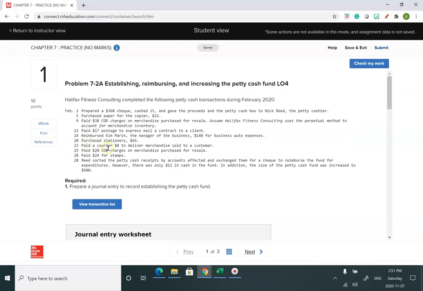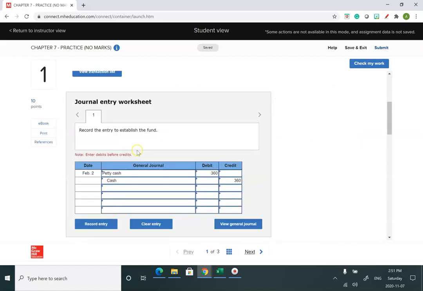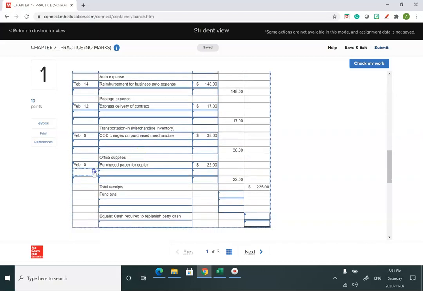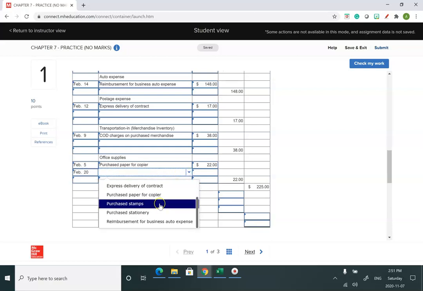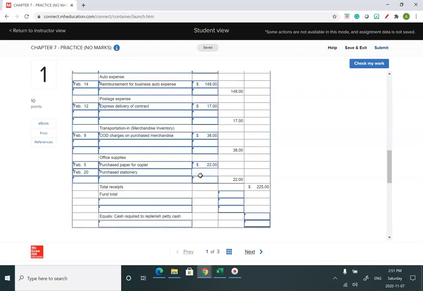Then it says on the 20th, purchase stationery, $65. So that's just paper, so I'll probably just put that under office supplies. So February 20th, purchase stationery, $65.